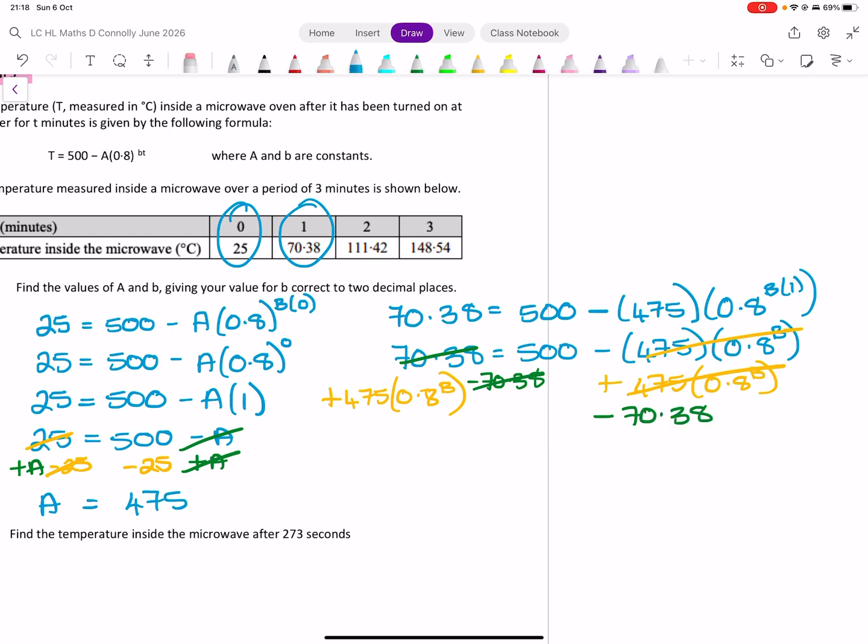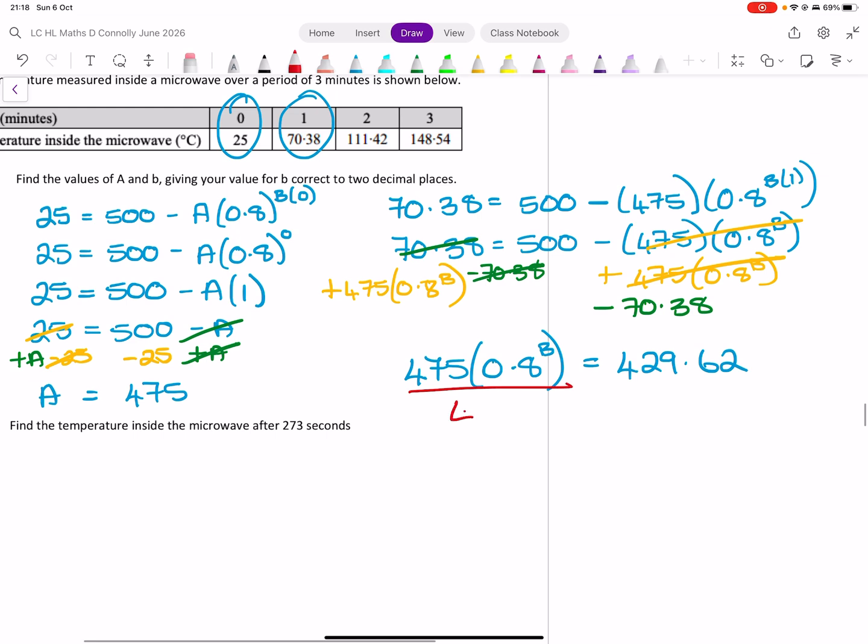So on the left hand side, I have 475 times 0.8 to the power of b. And on the right hand side, I have 500 minus 70.38, which is 429.62. I'm going to divide by 475. So that divided by 475.